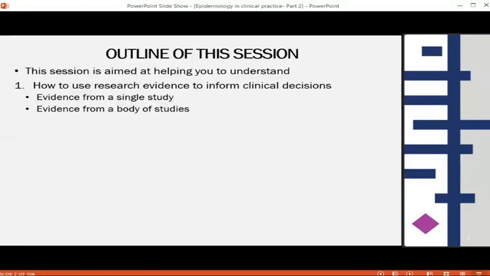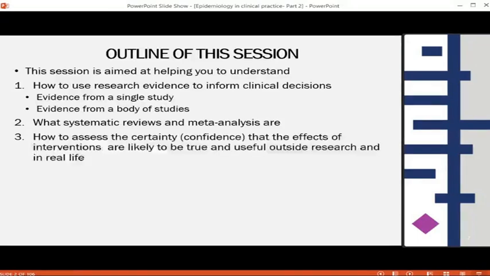And we'll start with trying to use it from a single study, and then we will move to try and see how we can use evidence from a number of studies, a body of evidence. And that will bring us into what we call systematic reviews and meta-analysis. And I'll spend some time explaining to you what these are and how they're useful.